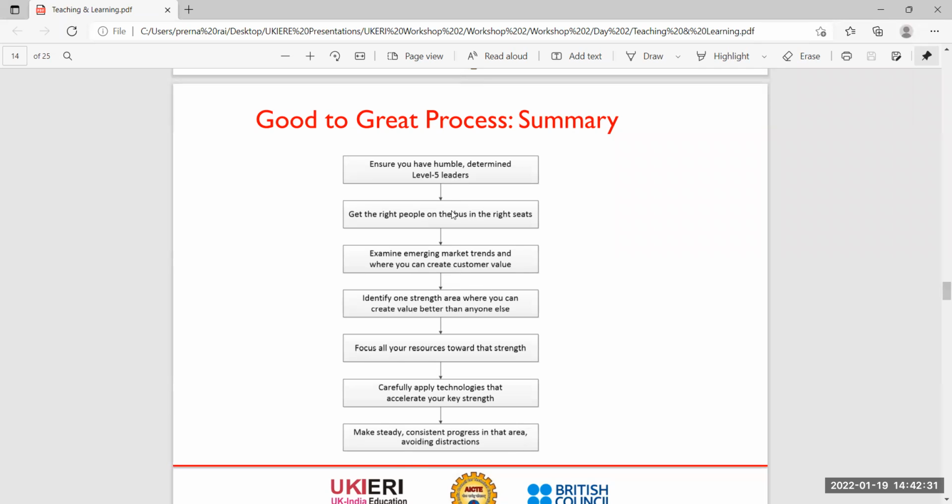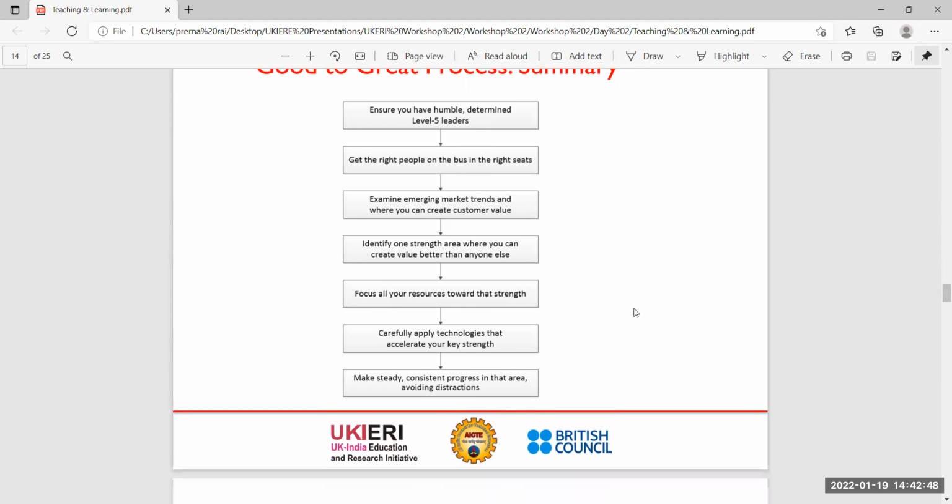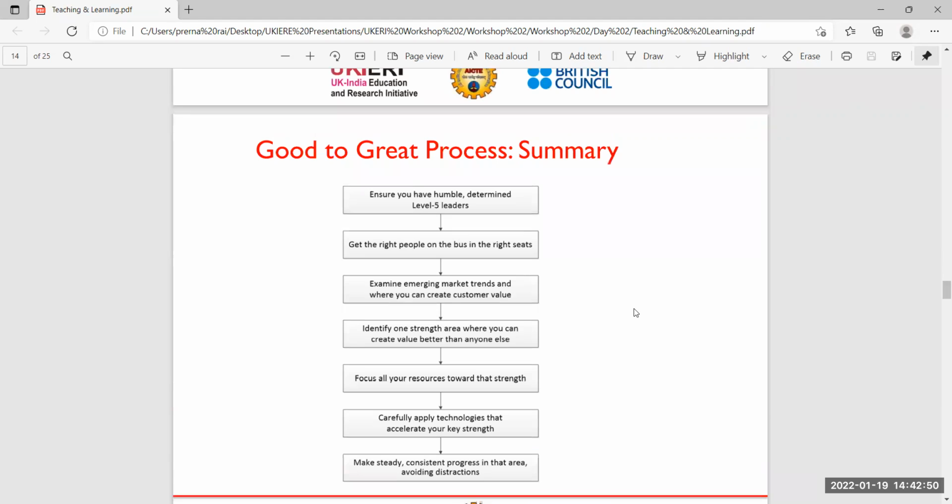So once you go from the first step to the last step, then automatically, even as a teacher in the organization or in the institute, if we try to focus on this flow chart, I think we can move towards our greatness. So this is the summary of what the Collins have provided.